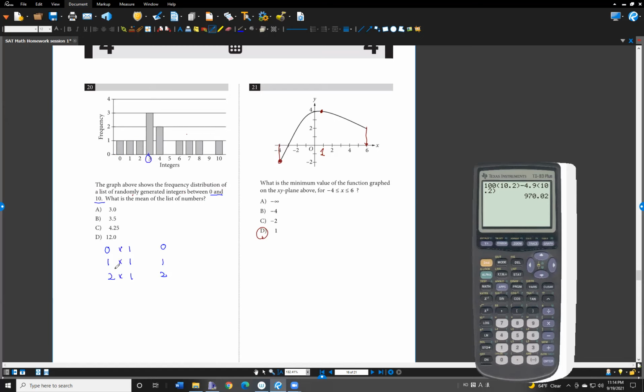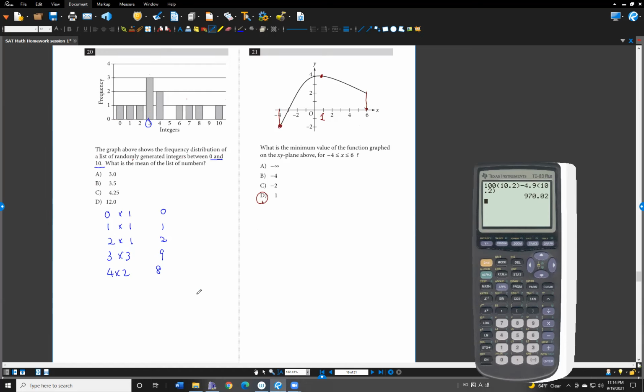Integer 3 happens 3 times. 4 is 2 times. 5 is nothing. 6 is 1 time. 7 is 1 time. 8 is 1 time. 9 is 0 times. 10 is 1 time.